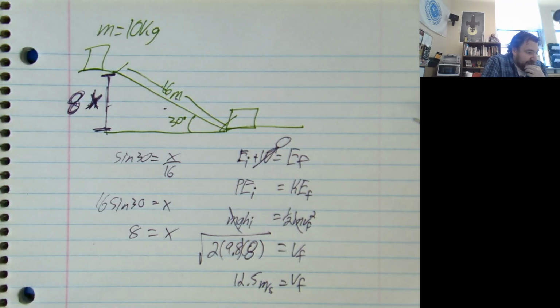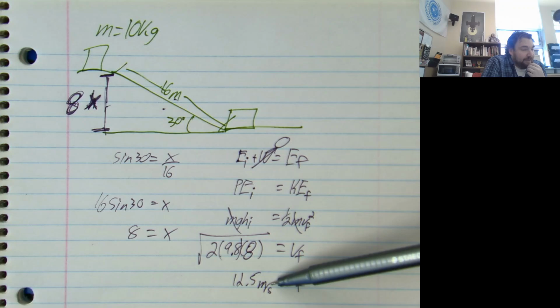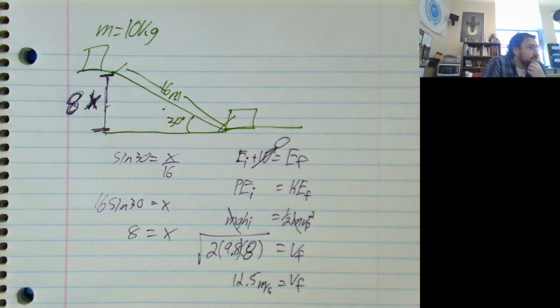And then to figure out the kinetic energy a cabinet would have under the circumstances, square it, multiply it by the mass, divide by 2. But that's how fast those cabinets are going to hit the bottom of the incline. And they're dropping 8 meters, so that is not an insignificant fall.